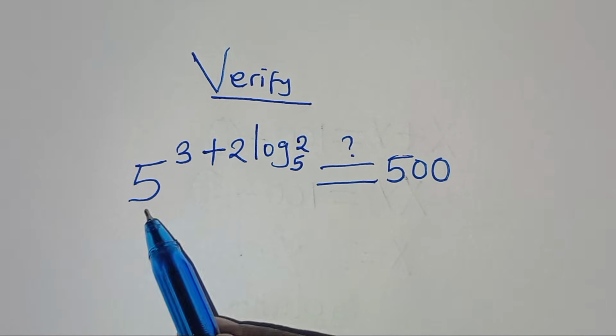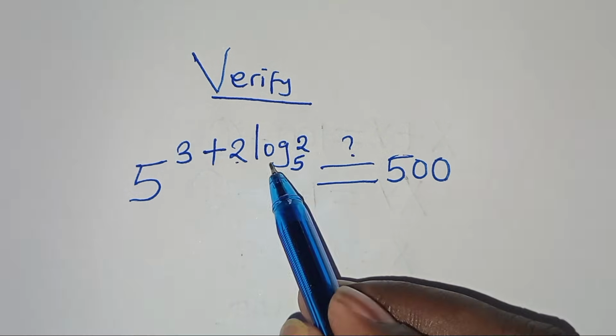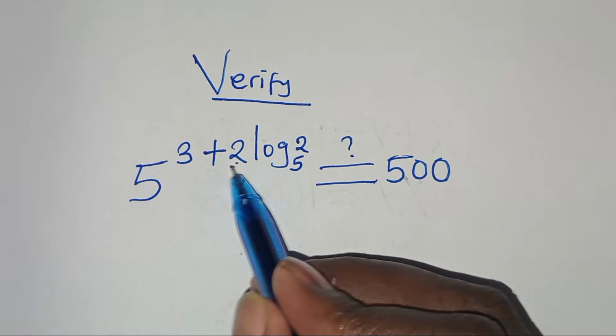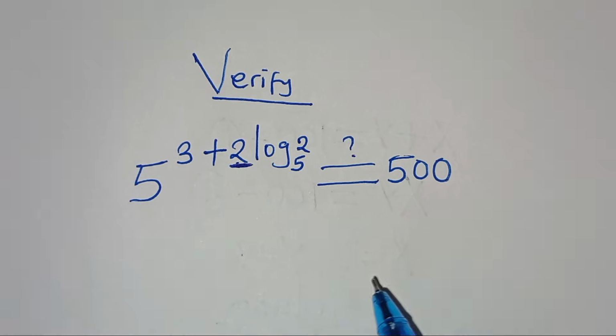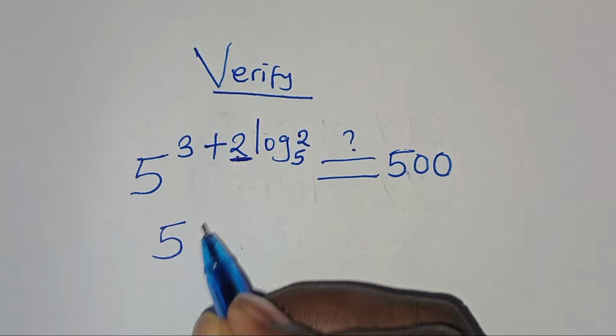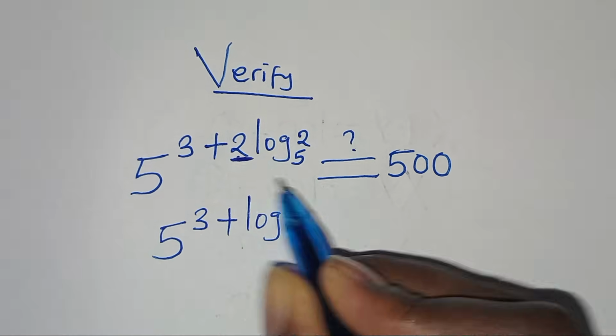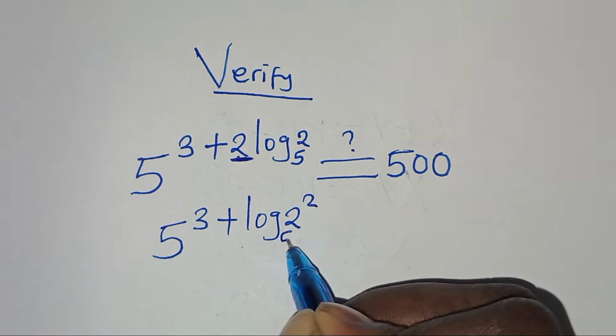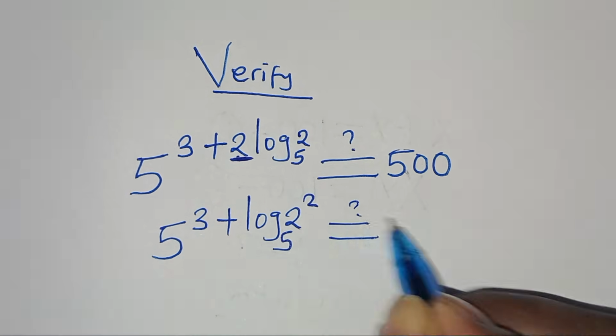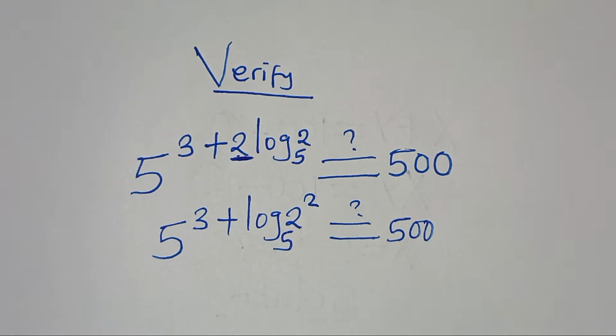Now we have 5 to the power of 3 plus 2 log 2 to base 5. This 2 here is a power, so we can express this as 5 to the power of 3 plus log 2 to the power of 2, then to base 5. This is supposed to give us a value of 500.